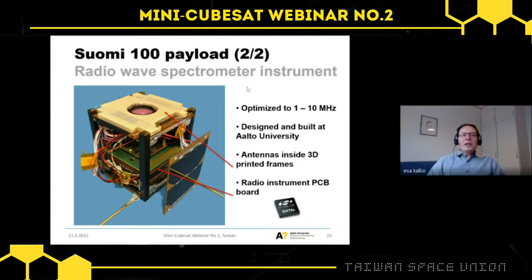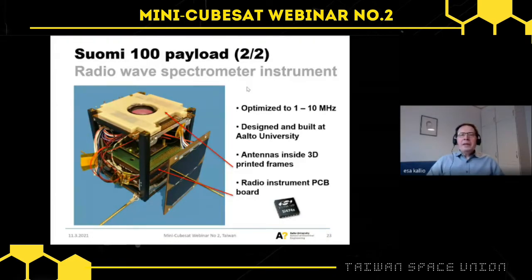Maybe I didn't mention it, but the philosophy of this Suomi setup was different than our Aalto University Space 1, Aalto 1 and Aalto 2. Now we really wanted to focus on space instrumentation. So this radio wave instrument is the first CubeSat instrument that we have developed and built at Aalto University.